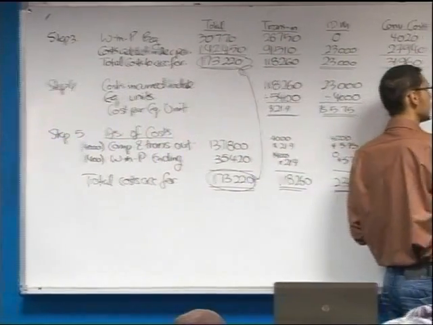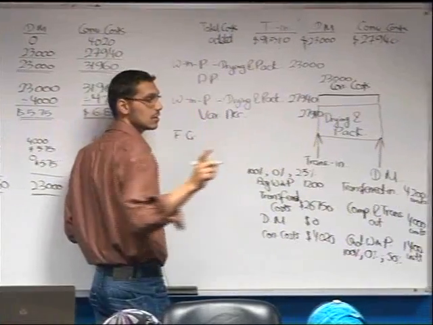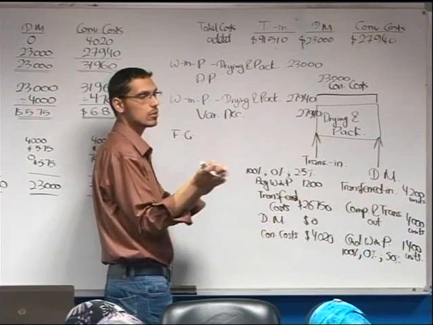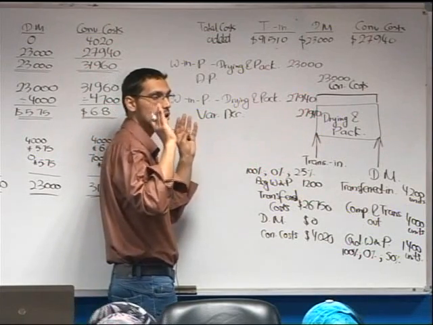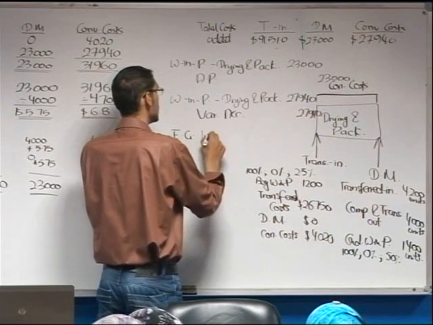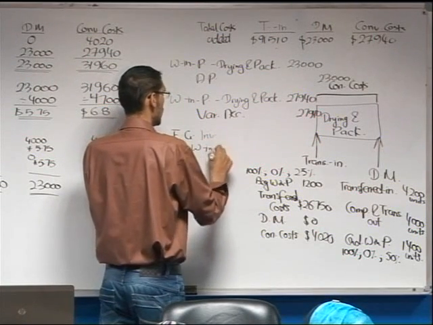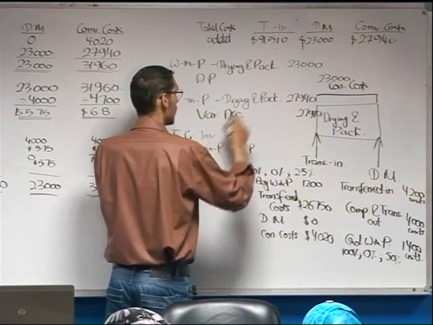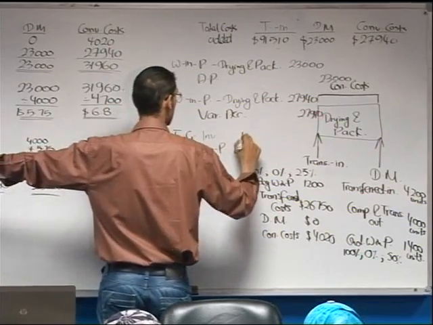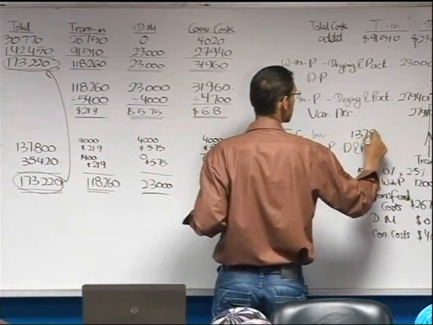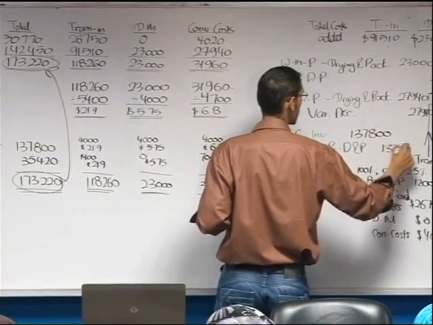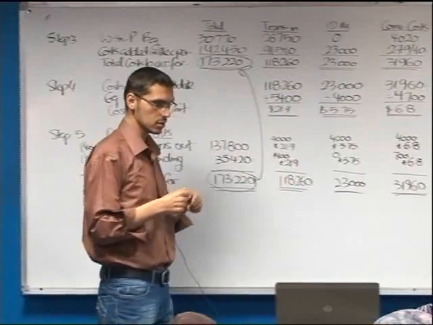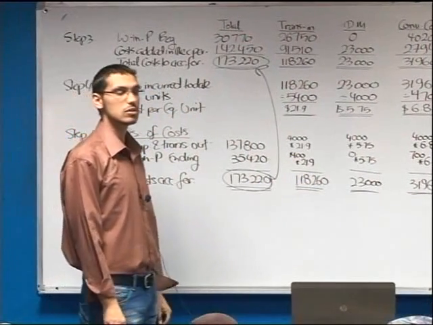Therefore, finished goods inventory, because this is the last department. After this department, there would be no work in process anymore. It would be finished goods. Therefore, finished goods inventory debited and work in process, drying and packaging department, credited by the amount of 137,800. These are the journal entries to be considered.